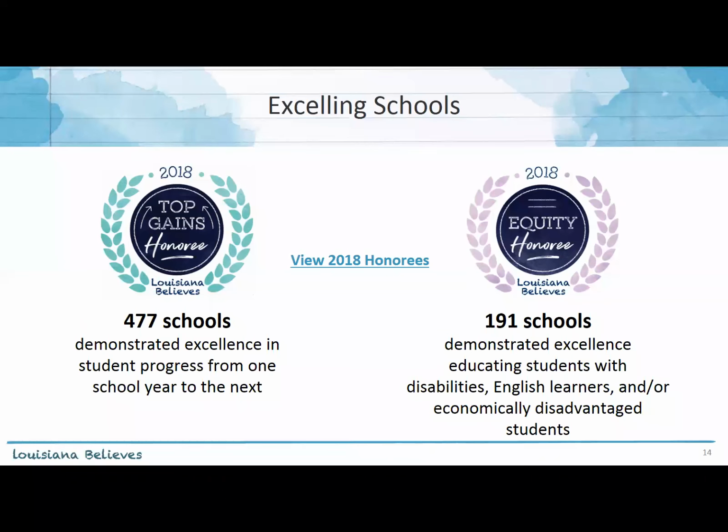We are very excited to recognize 477 schools as top gains honorees for achieving an A on the Progress Index, and 191 schools as equity honorees for performing in the top 10% of all schools statewide among students with disabilities, English learners, or economically disadvantaged students. All honorees have no urgent intervention required labels.